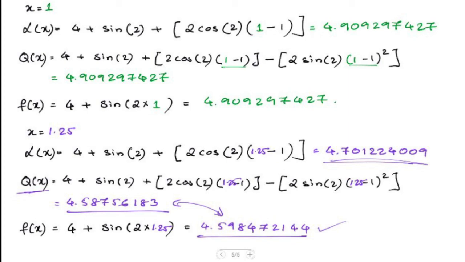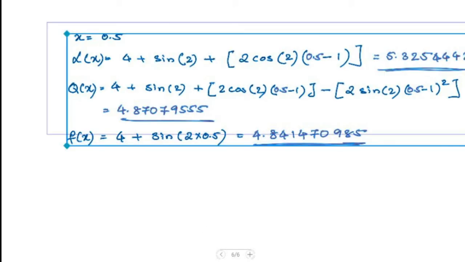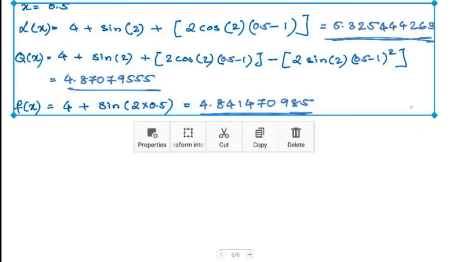So it seems to us that every time the quadratic approximation is closer to the actual value, which shows that the function actually must be quadratic. Let's go ahead and solve for the last part, which was for x equal to 1.5.